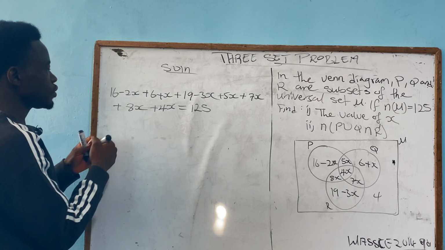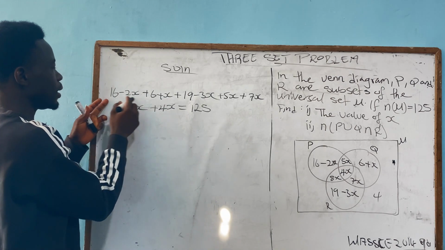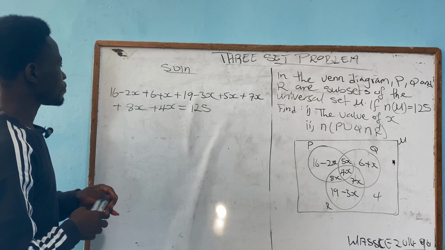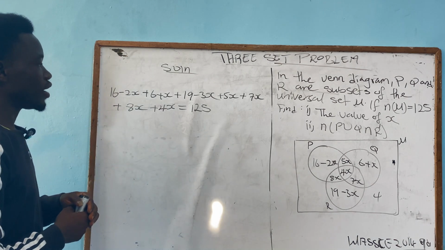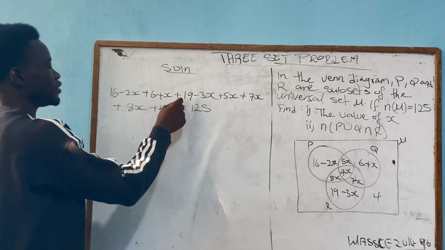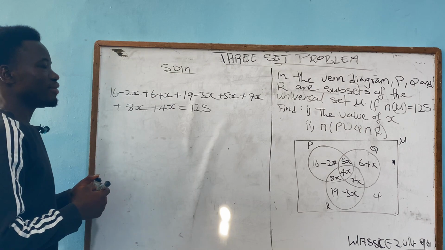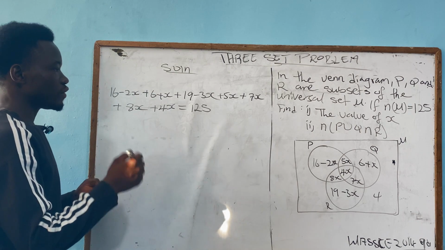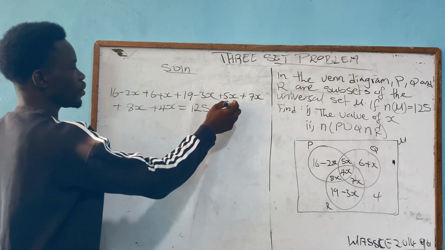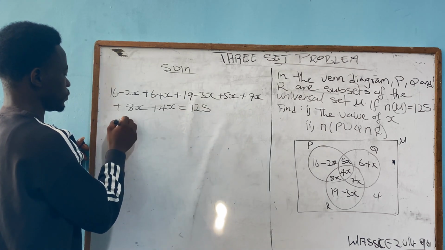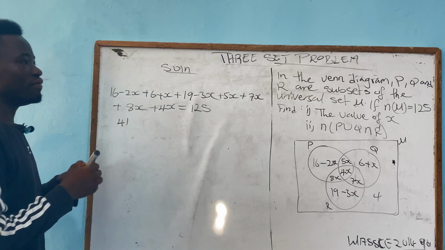So we can take 16 plus 6, and that will give you 22. Alright? 22 plus 19 will give me 41. So that's 41. Now I add the variables also.